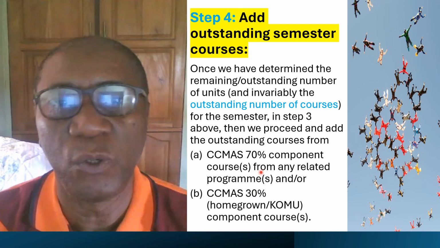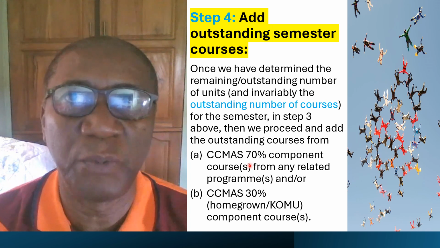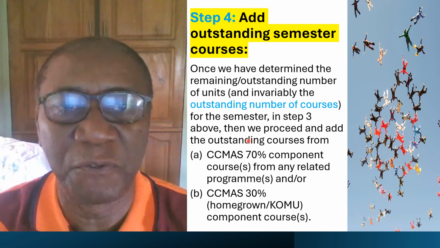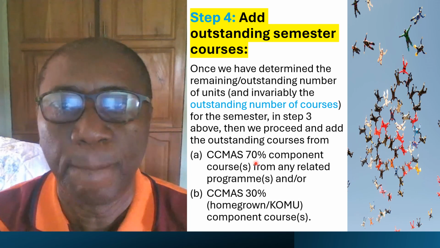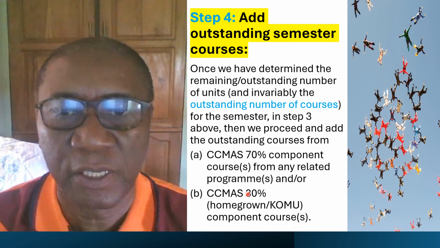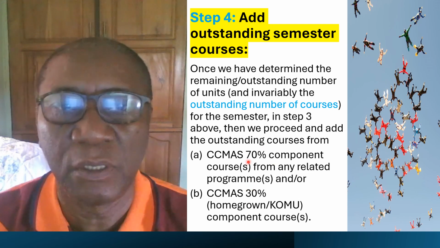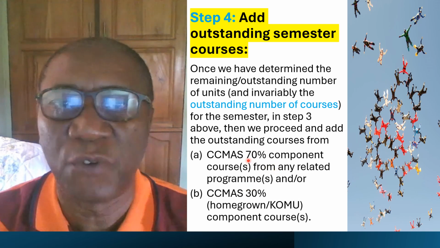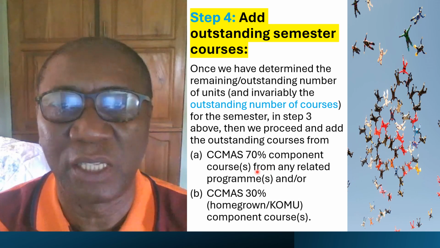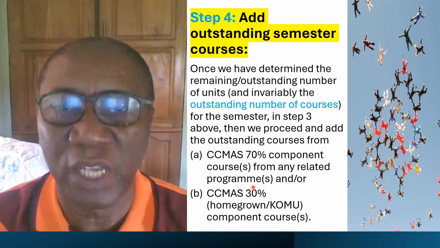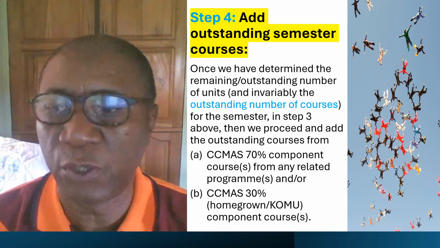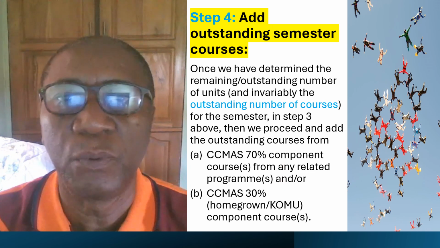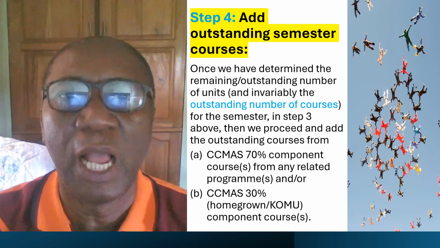But from experience, we discovered that at 100 level, it's difficult to develop so many program-related courses. So sometimes it may be easier to pick from the already 70% component courses of related programs. So these are the two ways you can develop the outstanding courses.